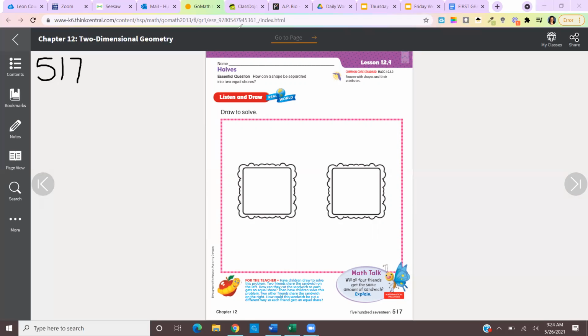Well, I know. You can cut a sandwich straight down the middle to make 2 equal halves, right? Or equal shares. But they also have another way to cut their sandwich to make sure everyone gets an equal share.